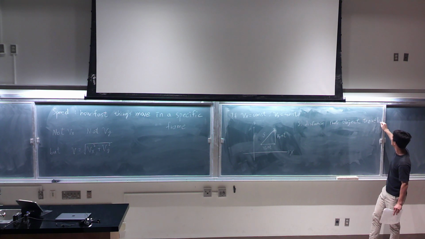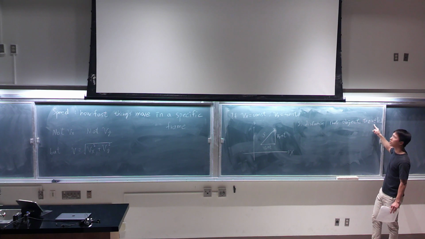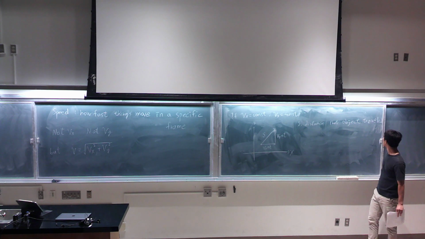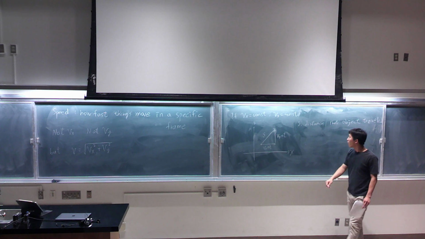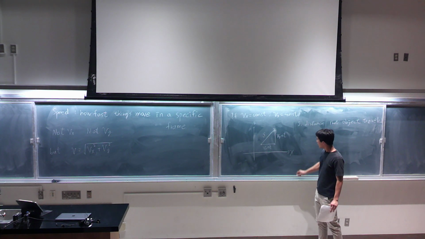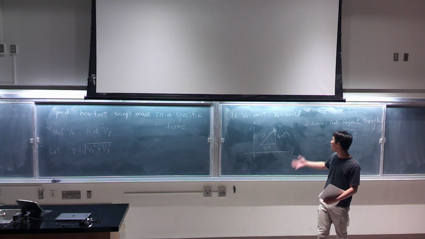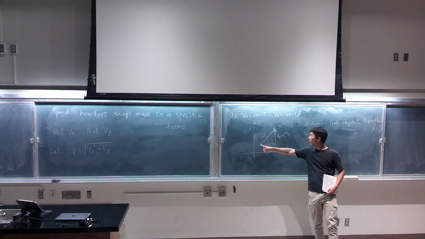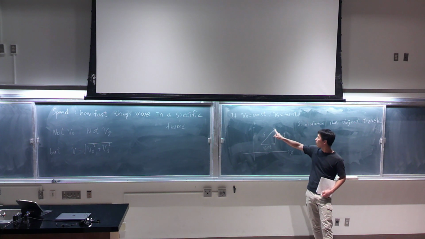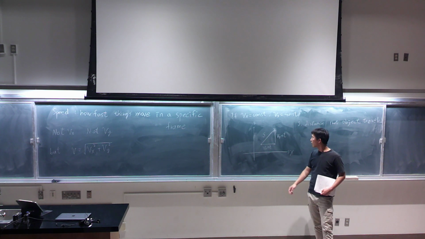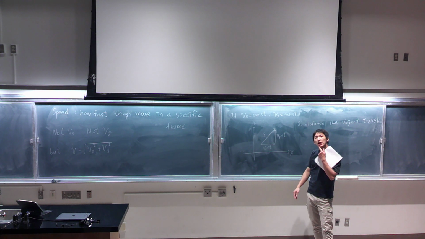Okay, good. So if the thing is moving with constant Vx and Vy, after some time it will go to this point, following this diagonal line, and it will move for a distance s.